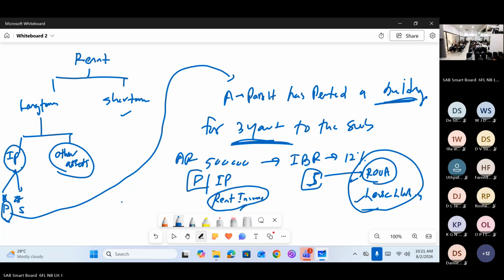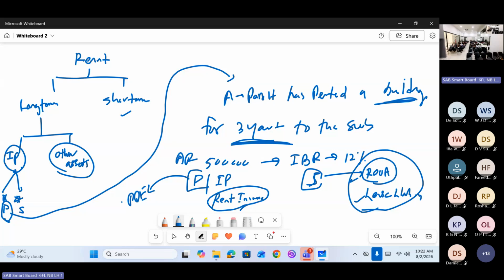Right? And second step, we need to reclassify this IP to PPE. We have two steps. What is that? You need to reverse the recognized ROUA with lease creditor and rent income of the parent entity.